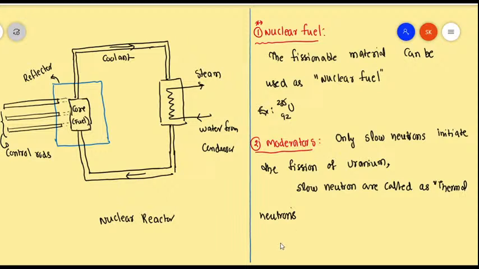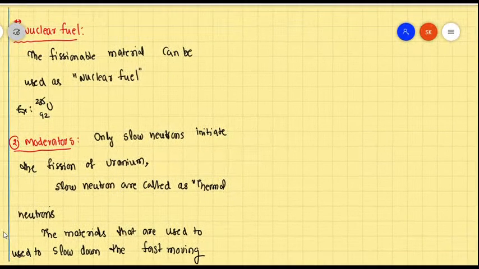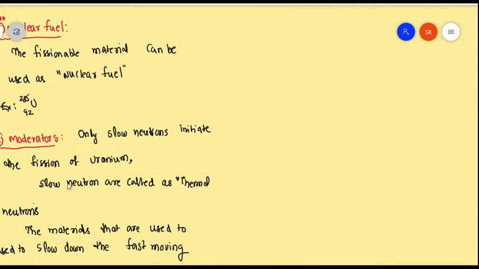The moderator definition is: the materials that are used to slow down the fast moving neutrons produced in the fission are called moderators.